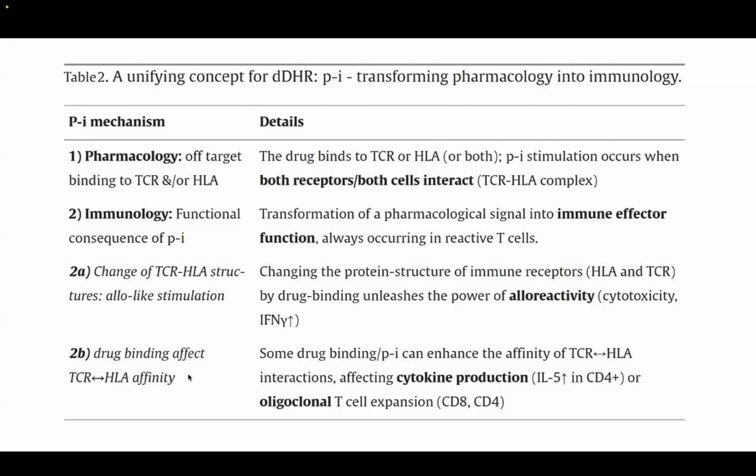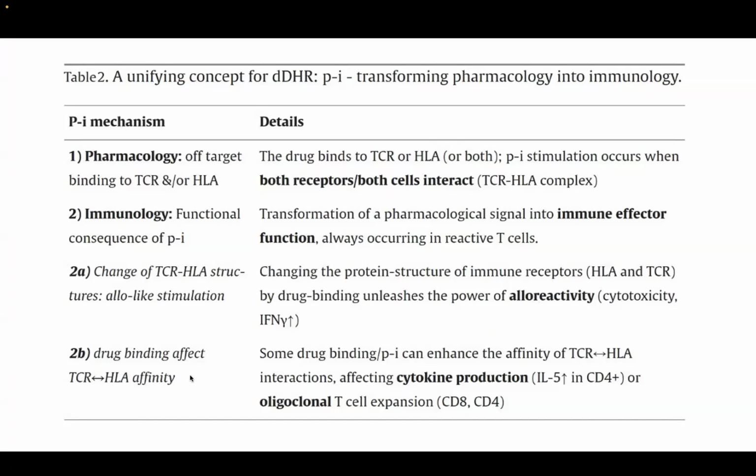Then there is the drug binding effect of increasing the TCR HLA affinity. So this is the alloreactivity, which means that the T cell became reactive to the self, reactive to that antigen, which is the drug. What we mean by alloreactivity is that the T cell became reactive rather than tolerant.